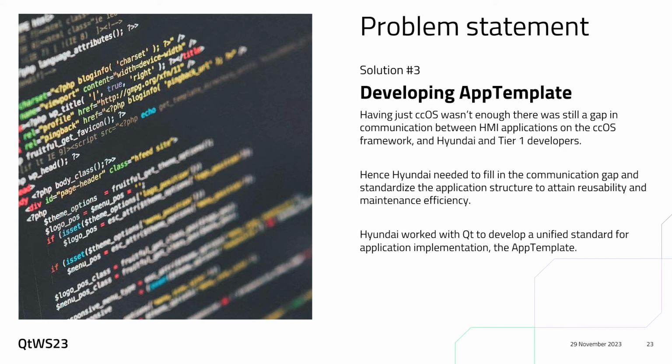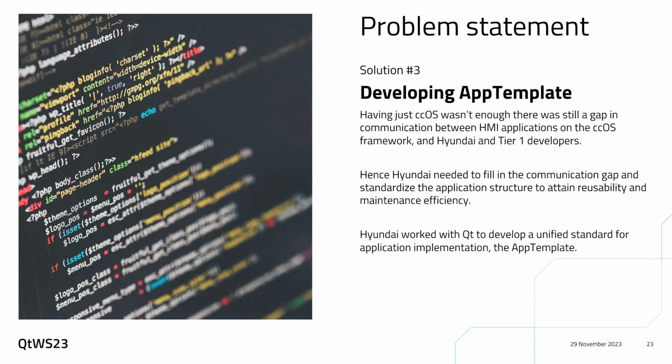So yes, the app template. Having just the connected car wasn't enough because there was still this gap. They have their side, but they still have their tier ones, and they needed to communicate to the tier ones what needs to be done. So Hyundai decided to fill this gap by using a standardized application structure.